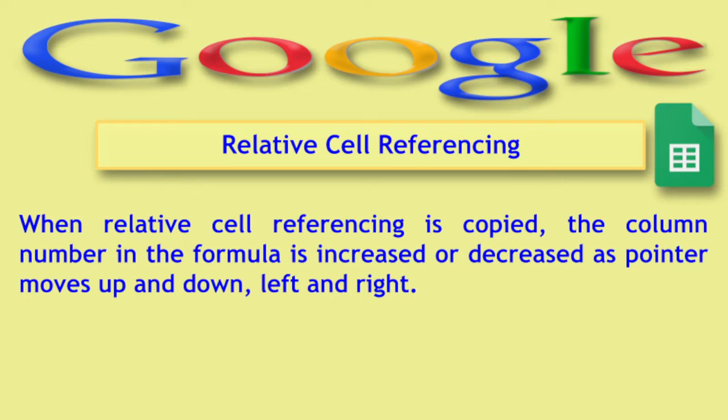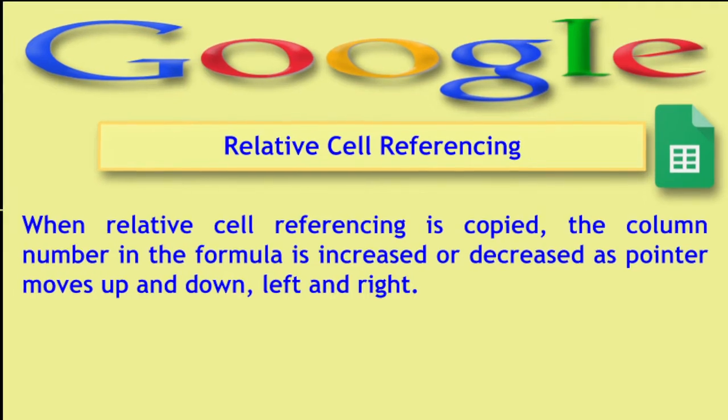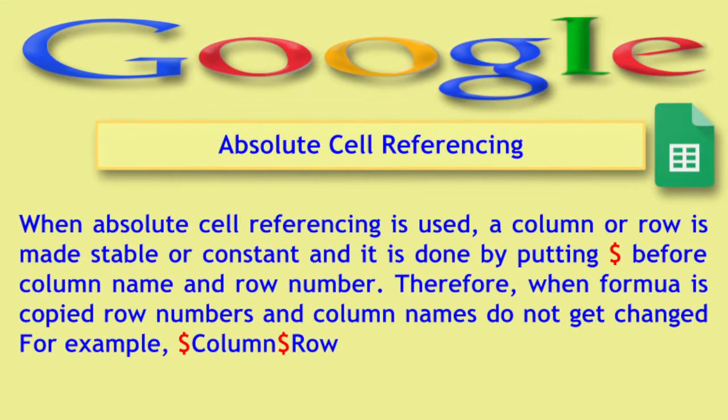But what happens when you want some values to be static? In that case, you will have to use a different kind of formula, which we call the absolute formula. In the absolute formula, some cells are made constant. So when you copy the formula from one cell to another, the absolute value does not get changed.